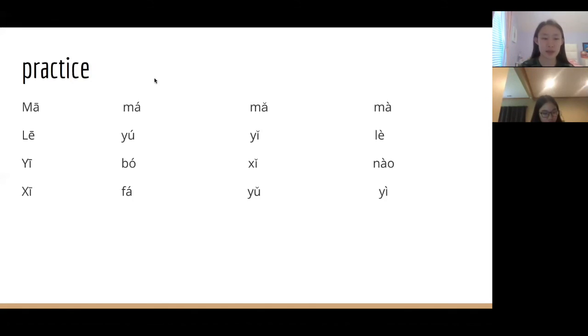So the first one for the second row is le. Second one, yu. Third one, yi. Fourth one, le. Now going on to the third row. First one is yi. Second one, bo.